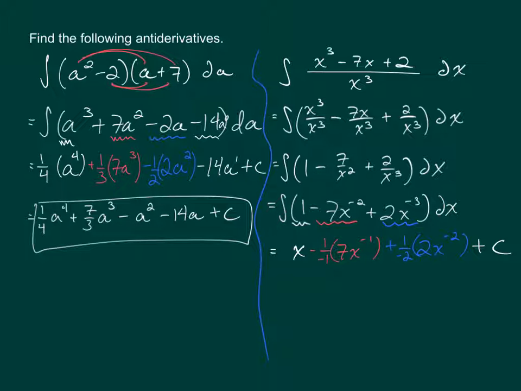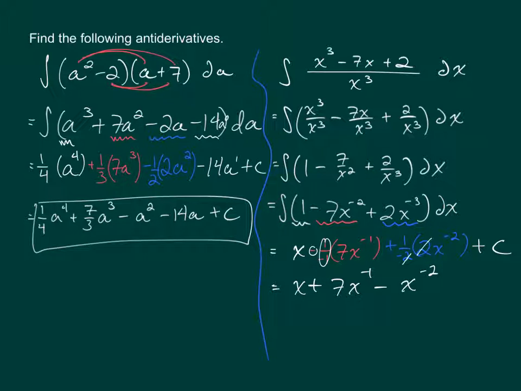Finally, all we need to do is simplify our numbers. So x subtracting a negative 1 is the same thing as adding 7x to the negative 1 power. 2 and negative 2 will reduce so that this becomes minus x to the negative 2 power.